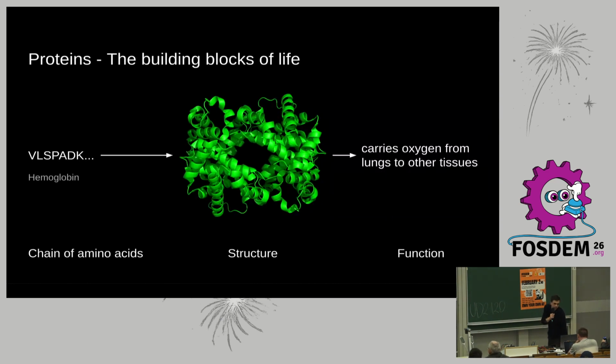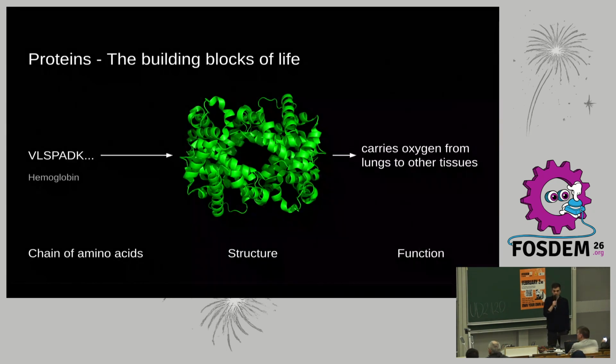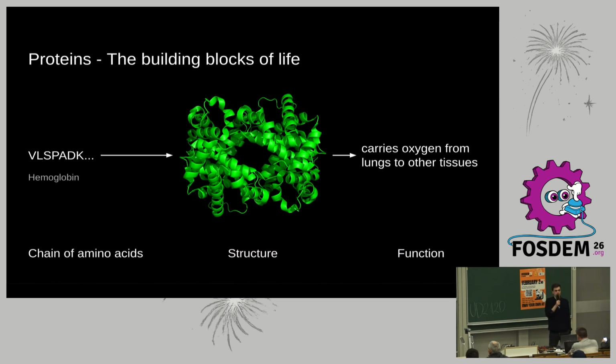I think not everyone here is familiar with structure prediction. Proteins are basically the building blocks of life. They underpin all processes in life, and they are defined by a sequence of amino acids. This sequence of amino acids folds into a 3D structure in the human body, and the 3D structure determines the function, what the protein does in the human body.